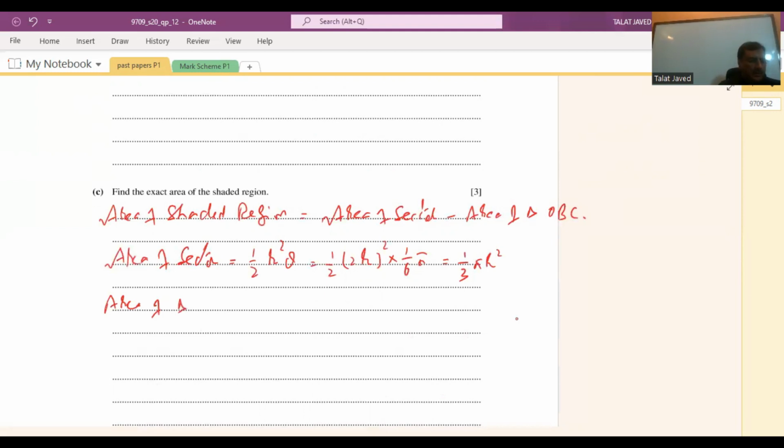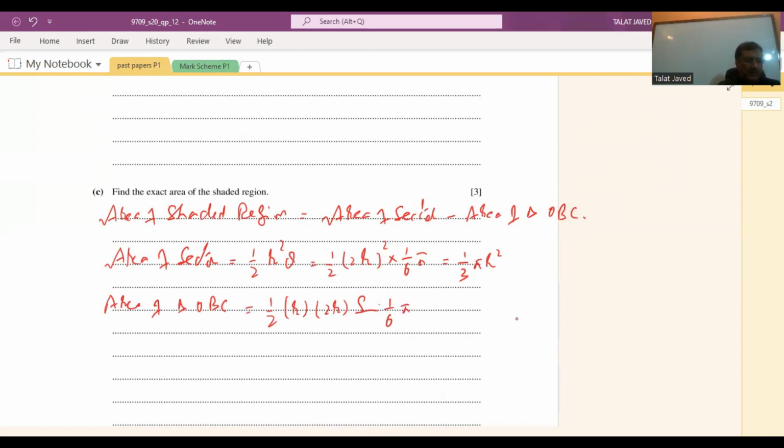Area of triangle OBC is 1 over 2 one side multiplied by the second side multiplied by the sine of the included angle, which is 1 over 6 pi.